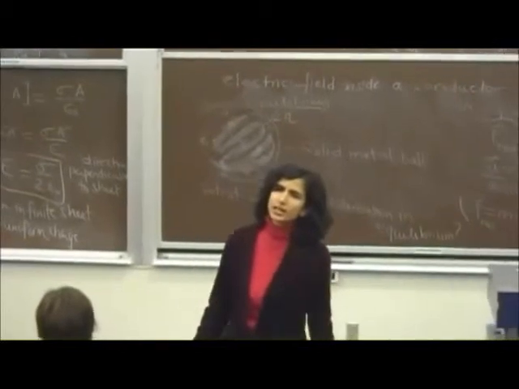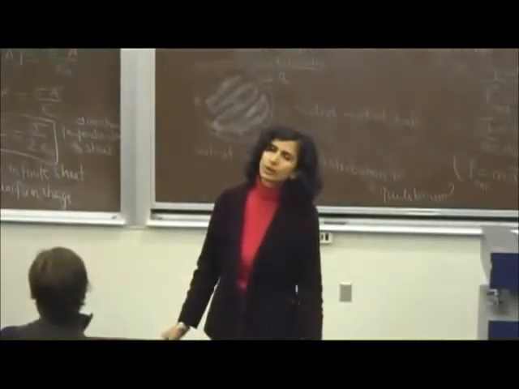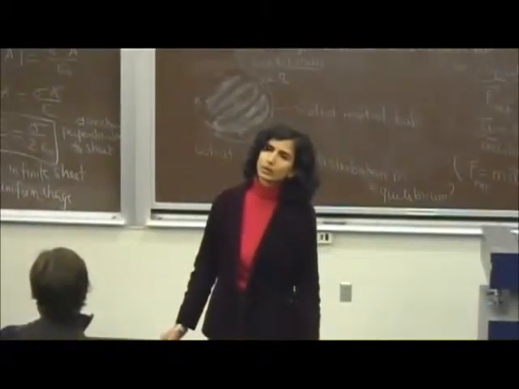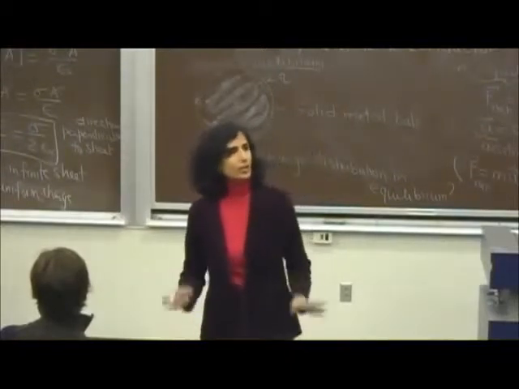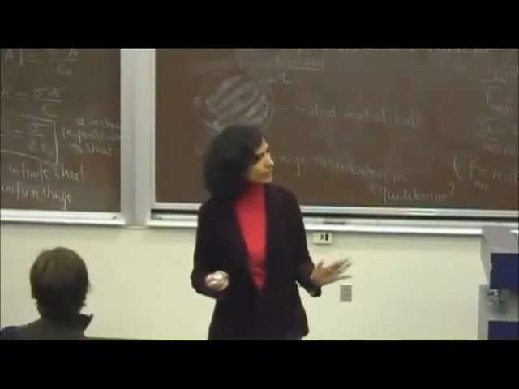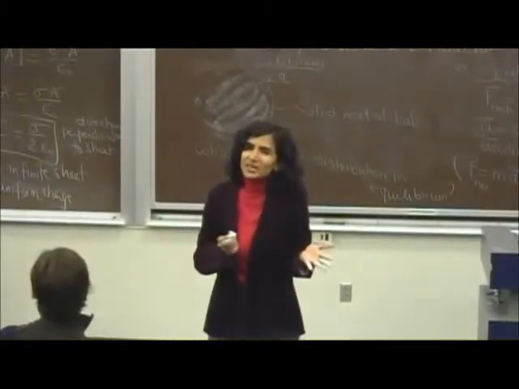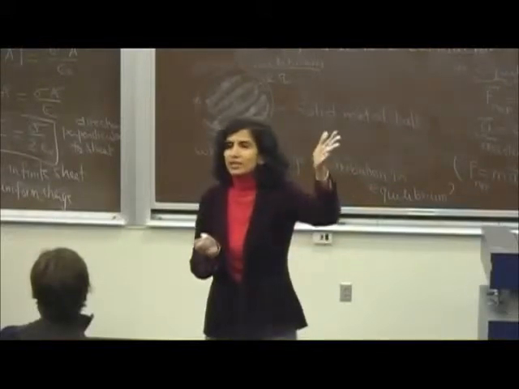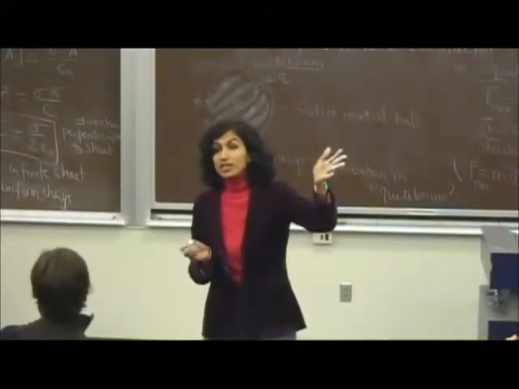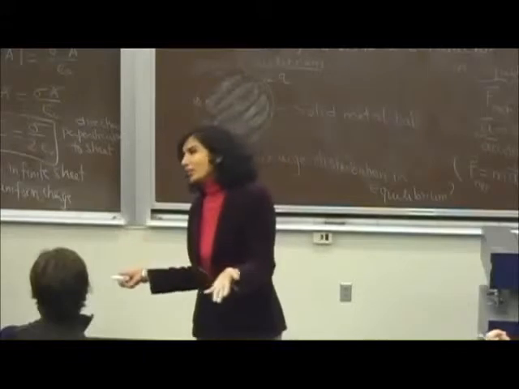Were you going to say something else also? No, I was just going to ask if electrons are the only thing that can move in there, because wouldn't the positive charge not be able to? Yeah, you're absolutely right. So electrons are the ones that do the moving, but when electrons move from some place to another place and neutralize something close to where they go, they leave behind a positive charge, right?